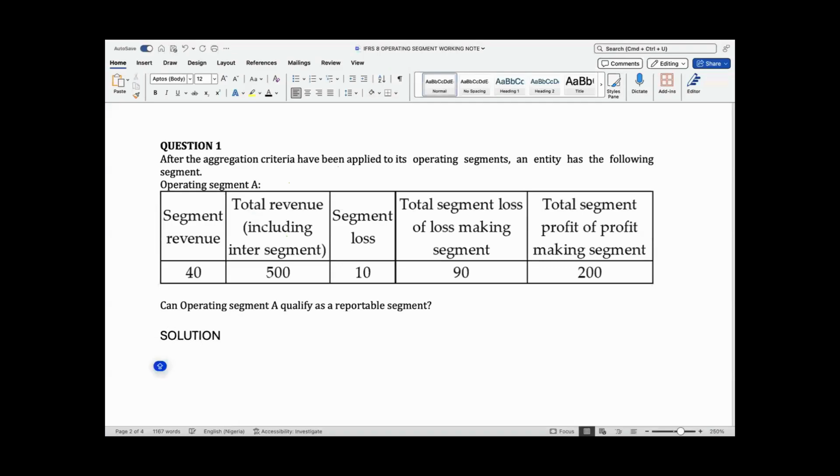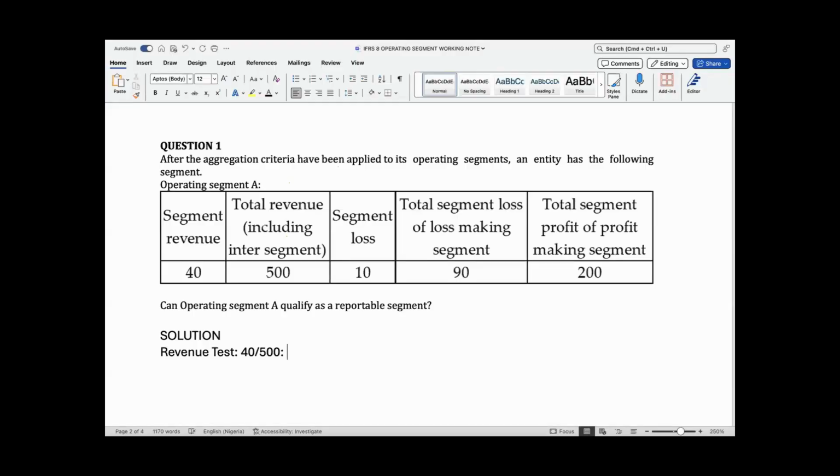Simple. We just need to check the quantitative threshold. First, we do the revenue test. We'll check, is its revenue up to 10%? What's its revenue? It is 40. What's the total segment revenue? It is 500.